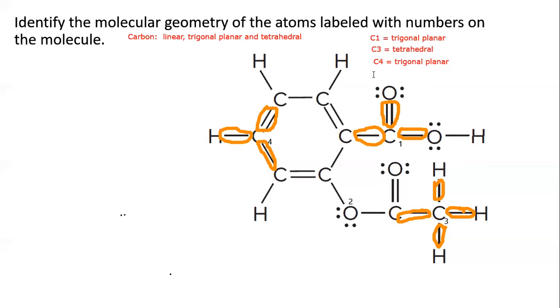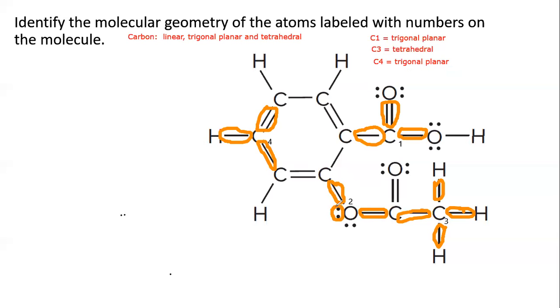Next, let's look at O2. So with oxygen, most of the time, when it's a central atom in an organic molecule, I would say like 90% of the time, it's going to be bent geometry. And the reason is because anytime you see an oxygen in the molecule as a central atom, it's going to have 2 bonding pairs and 2 lone pairs.